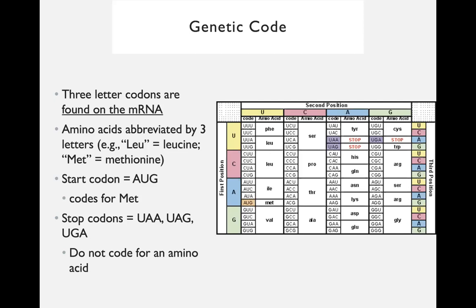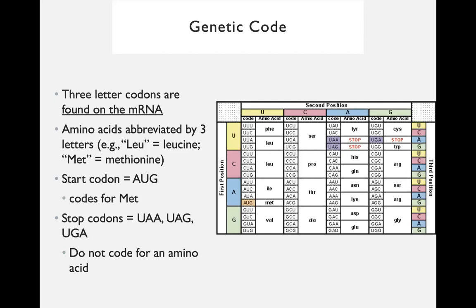This signals the start of translation. So an easy way to remember AUG is the start codon is that school starts in August. So AUG, that's how I've remembered it since high school, I think. So that codes for methionine. You want to know that it codes for methionine, and you want to know the AUG, that it's the start codon.